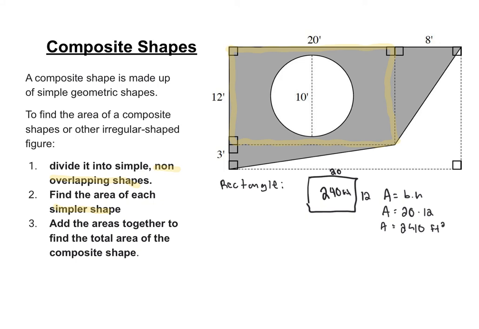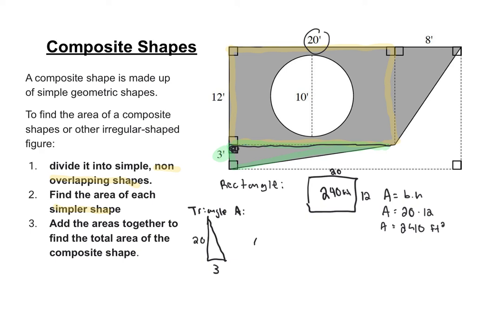I'm going to move on to this triangle right here. There's a triangle. I'll call it triangle A. Redraw it, and I see that it has a base of 3. You can see that right there. So my base is 3, and then my height, since it already has a right angle right here, then the height is just that side of it, which is 20.